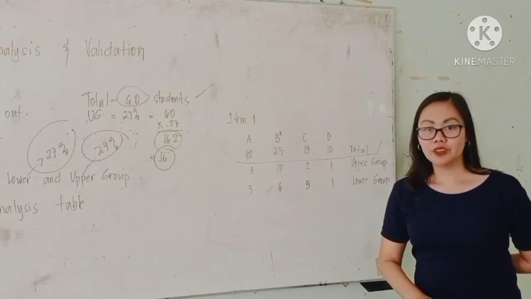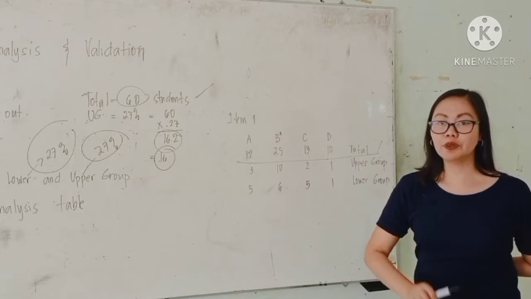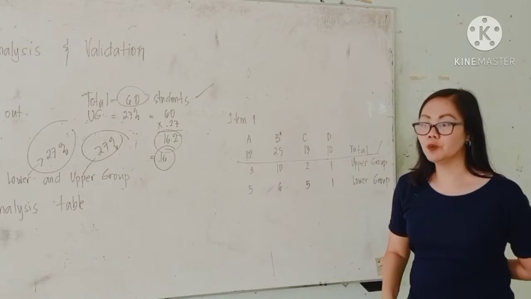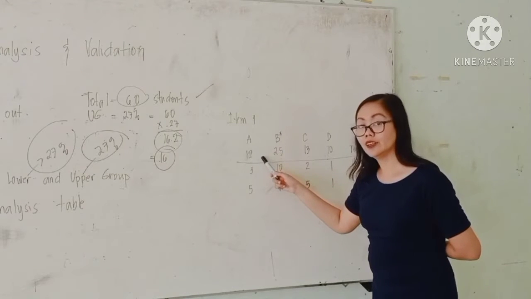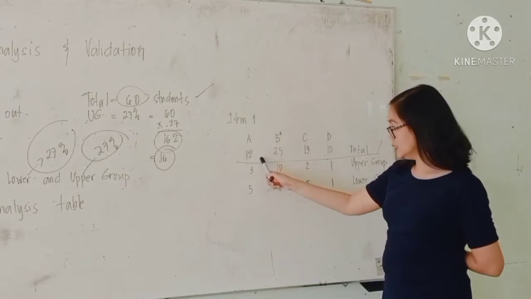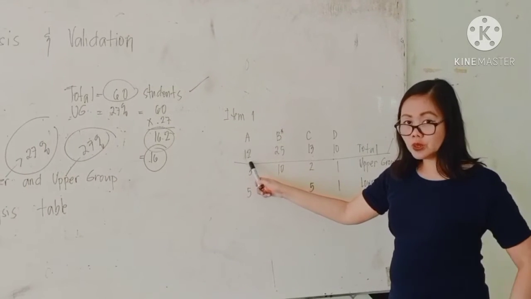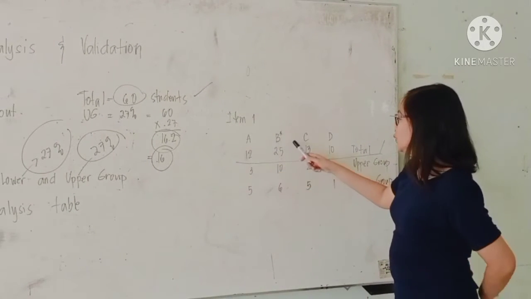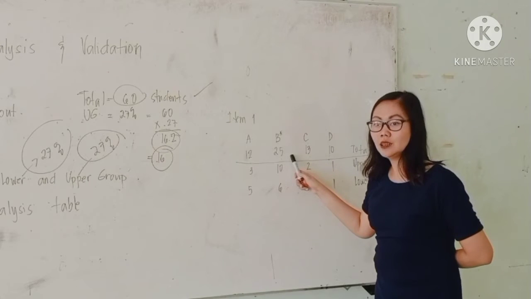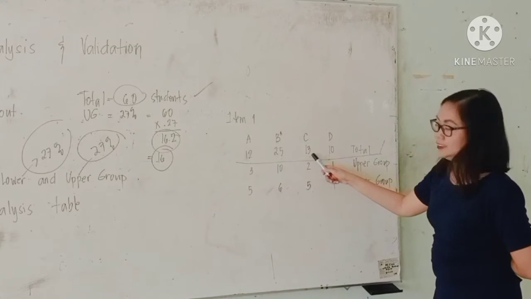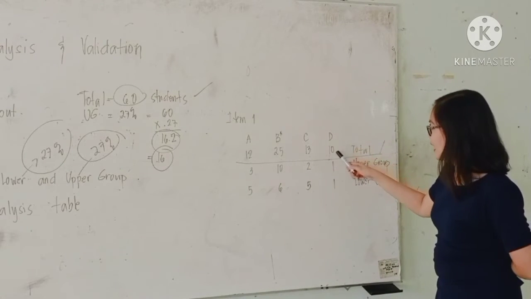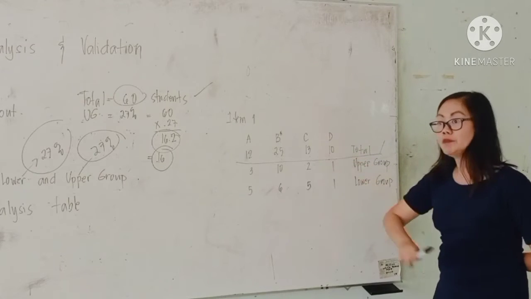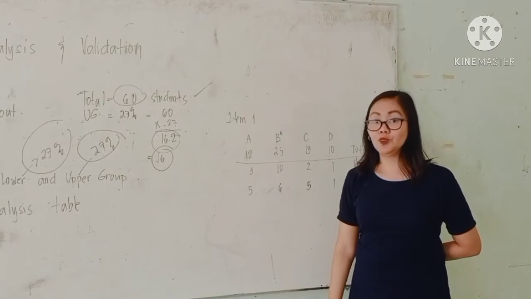Sila yung number ng mga estudyante sa upper, lower, at average group na sumagot sa letter A. Okay? Out of 60, there are 12 students who answered letter A. 25 answered B. 13 answered C. And 10 answered D. Sama-sama silang tatlong grupo.